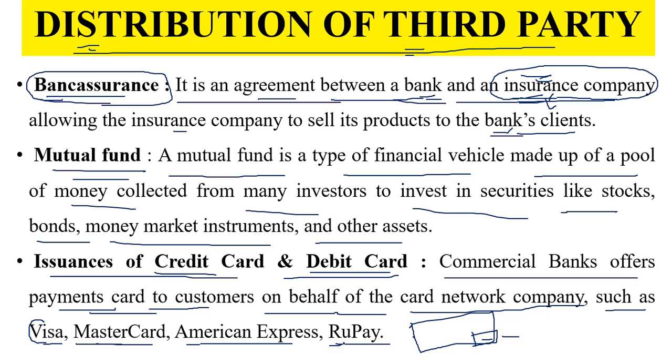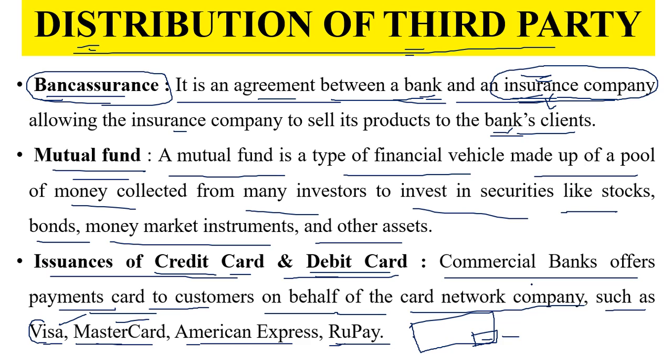These are card network companies. This debit card and credit card is issued by the bank, but the service of making the payment, removing money from the ATM or paying the bill, who is doing this? This company service is doing it: Visa, MasterCard, American Express, RuPay, etc.